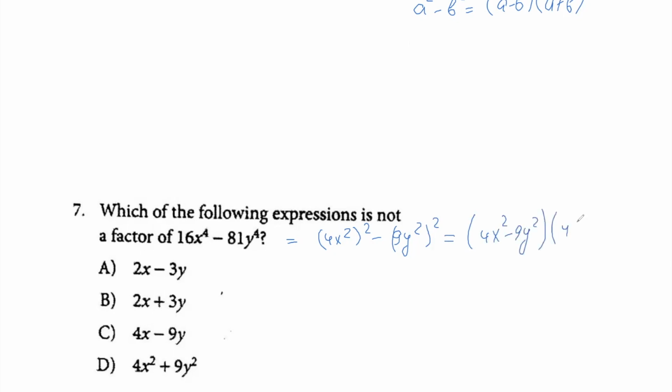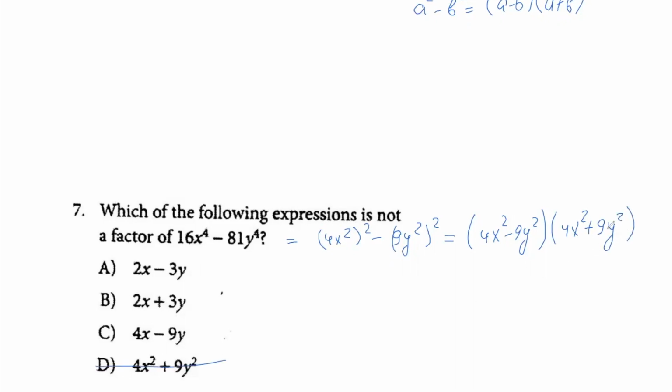In question 7, they say which of the following is not a factor of this. We just need to know that a squared minus b squared equals a minus b times a plus b. We're going to use this way. Can we write it like 4x squared minus 9y squared and 4x squared plus 9y squared?